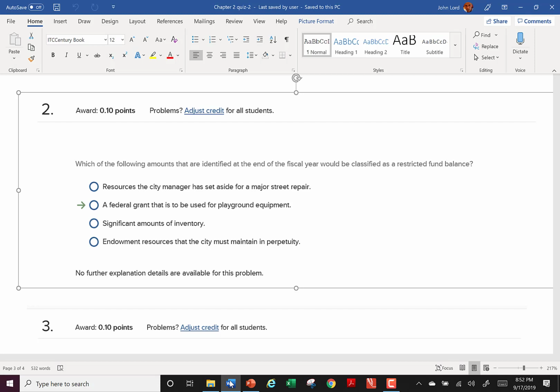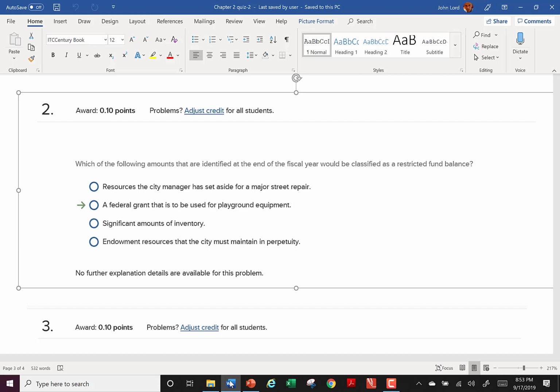Endowment resources that a city must maintain in perpetuity, that could be restricted. I disagree with this question. Notice how they said no further explanations are available for this problem? Because whoever looked at it and decided the answer couldn't figure out why D wasn't the answer, and that's why they said no further explanation available.